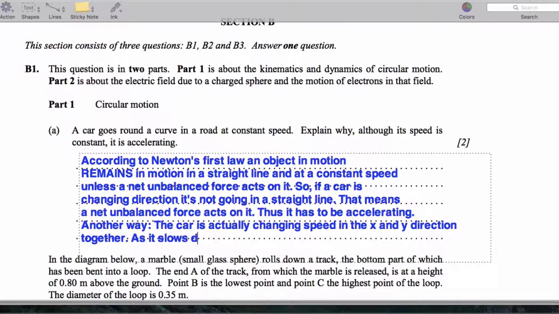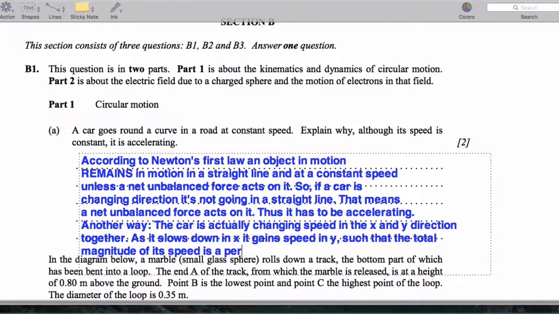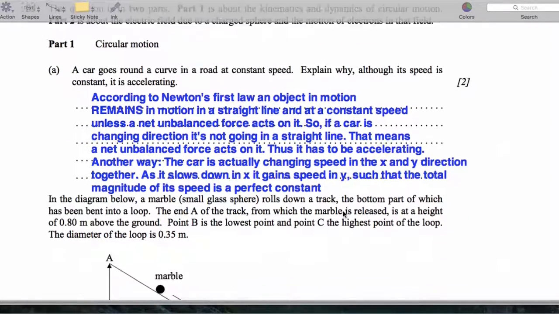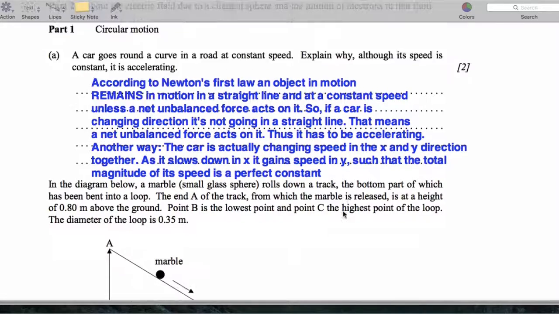As it slows down in x, it gains speed in y, such that the total magnitude of its speed is a perfect constant. Both of these answers are acceptable. I'm just overkilling and answering everything.